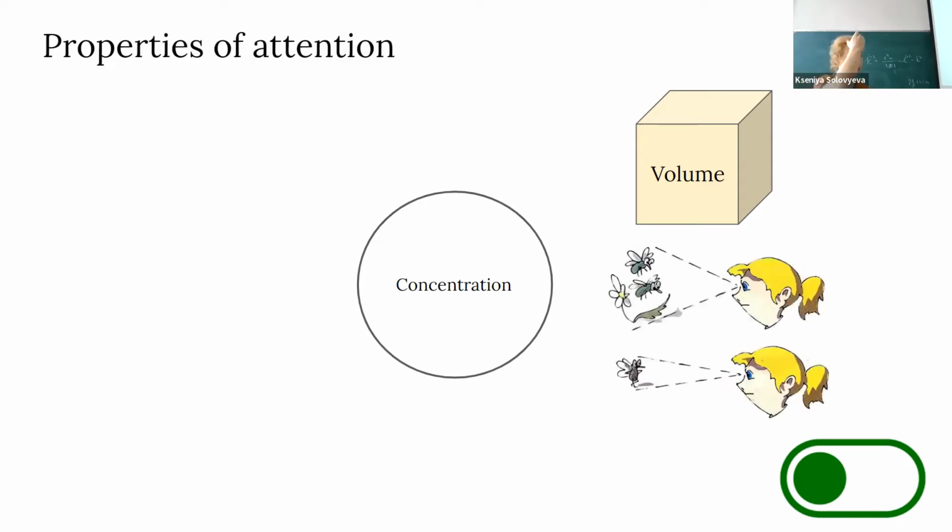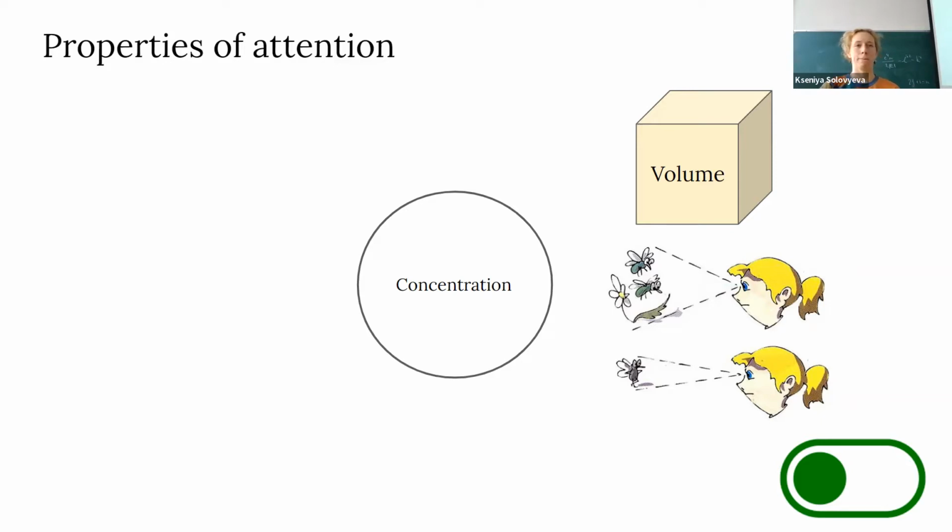It's just the number of objects which can be covered by your attention. So, for example, for adults, the volume of attention is about 4, 6, 7 objects, and for school children, usually it's quite small, for example, from 2 to 5 objects.